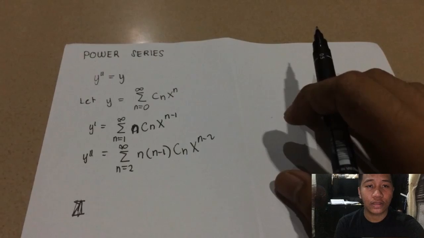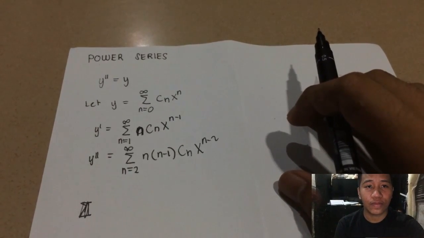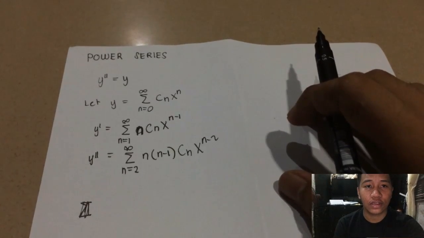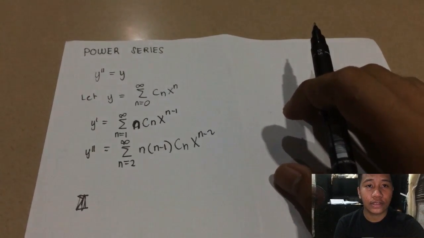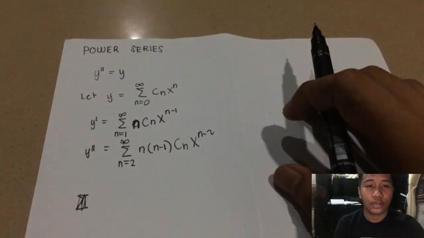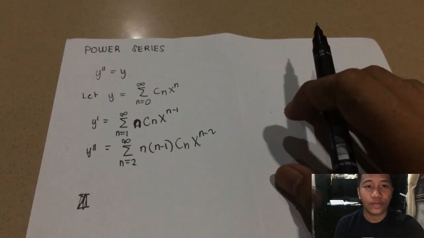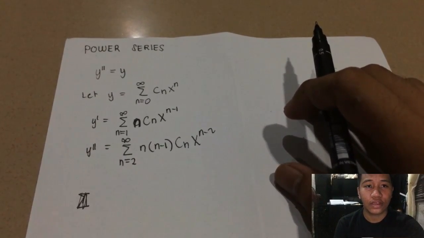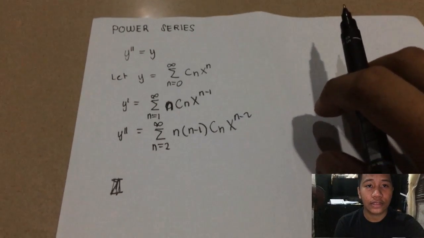So y prime is equivalent to the summation of n c sub n x raised to n minus 1, where n goes from 1 to infinity, and y double prime is equivalent to the summation of n times n minus 1 multiplied by c sub n x raised to n minus 2, as n goes from 2 to infinity.